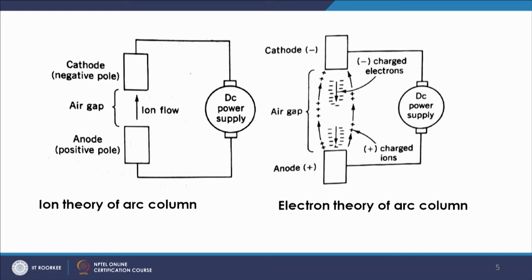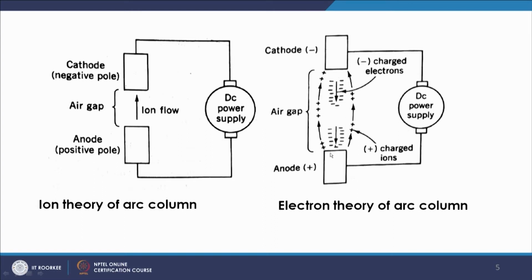Now, the electron theory of the arc column tells that the electrons will basically move from the cathode and strike the anode.